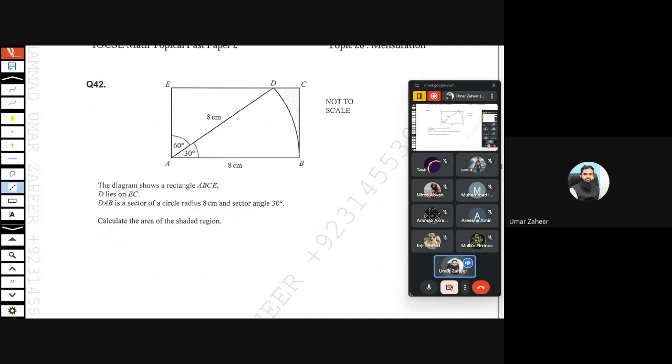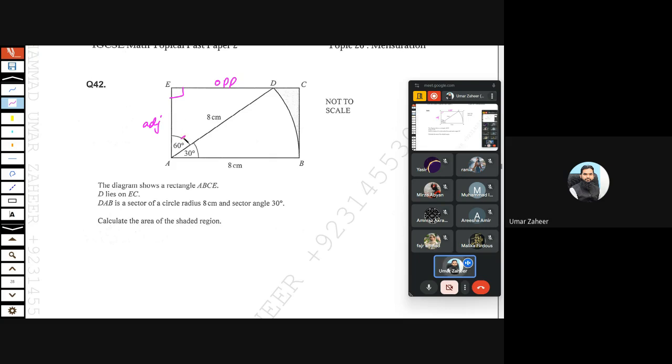Okay, I'm just going to give you the hint. For example, I'm just going to draw a line here. With respect to 60, tell me what will be the name of the side? ED, that will be opposite, and it will be adjacent, right?